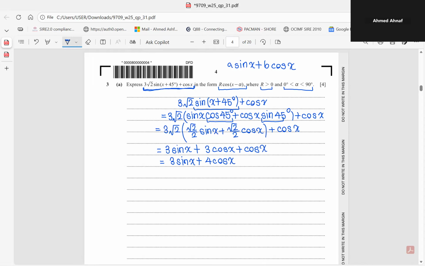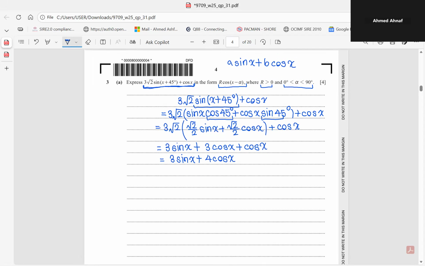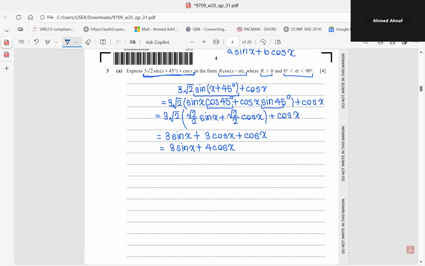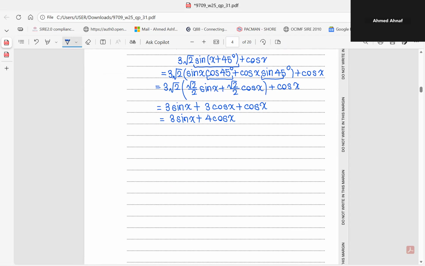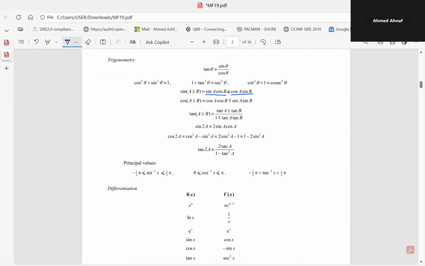So now we can finally express it in our R formula. To do that, what I always like to do is to also fully expand out the R formula so we can know what our alpha is. But if you can memorize the format, then good for you. So R cos of x minus alpha, we can expand it out using our cosine formula.